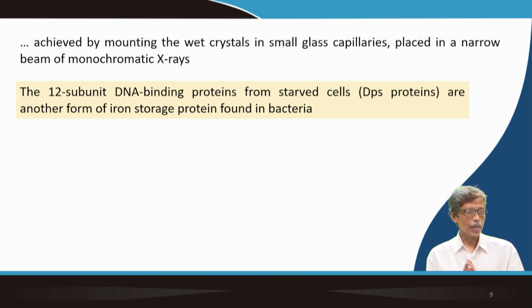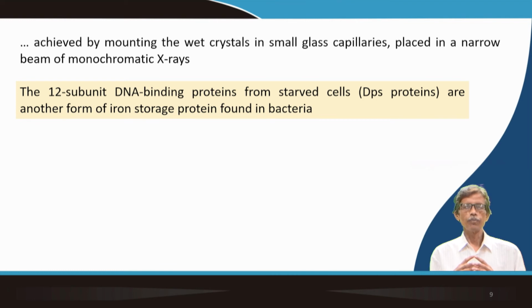Now, we will take the example of a bigger molecule, with 12 subunits of DNA binding proteins. How do we get that? These DNA binding proteins can be crystallized from starved cells of, say, E. coli or any other source, and are known as DPS proteins.